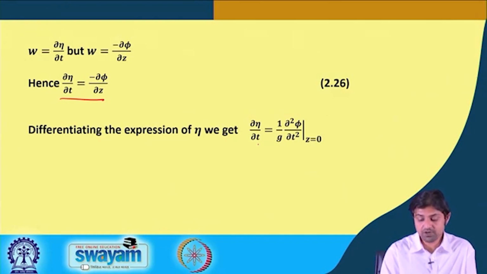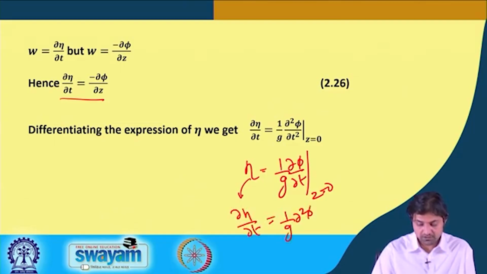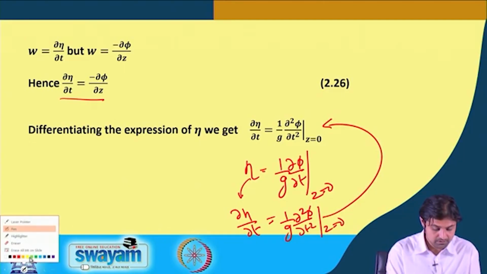Eta was 1 by g del phi by del t at z equal to 0. So if you differentiate this, you get del eta by del t equal to 1 by g del square phi by del t square at z equal to 0. This is what is written here, all right.